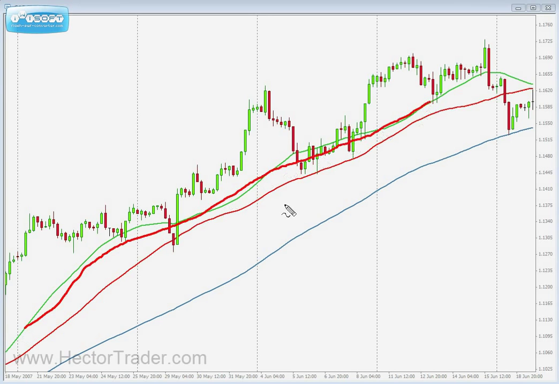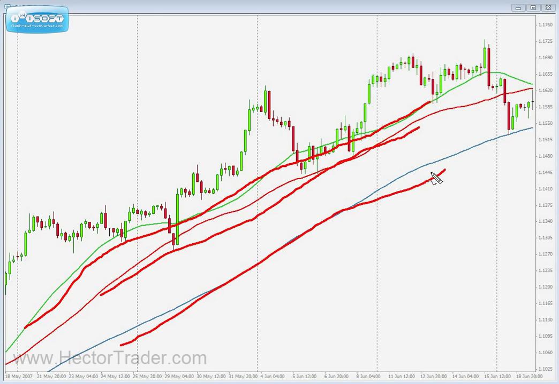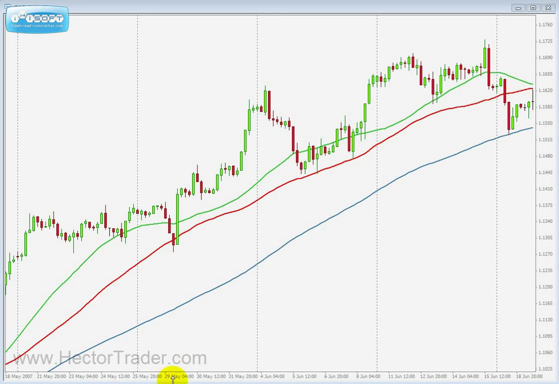They've been pointing all of them up all the way along throughout this part of the chart. However, at this point right there, we touch the 100. Now one of the 6 conditions is not applying anymore. Price has touched the 100. Another condition that is not applying anymore: price is not remaining above the 50.